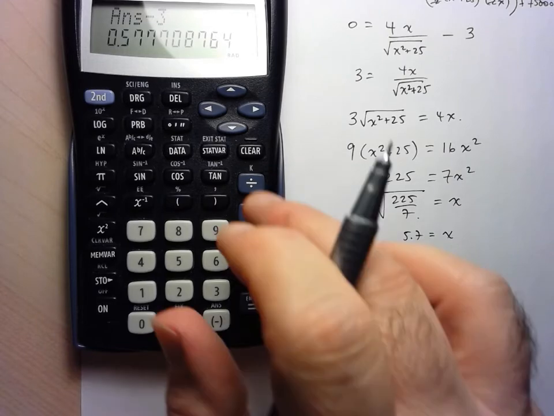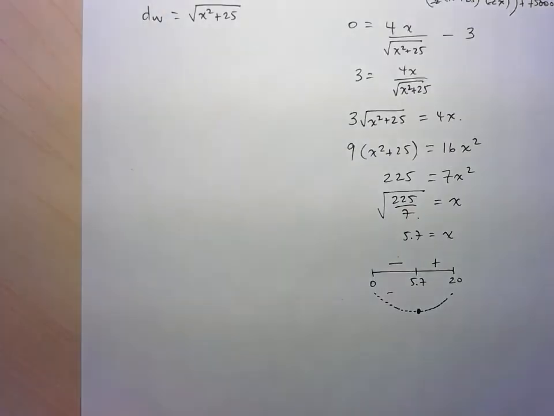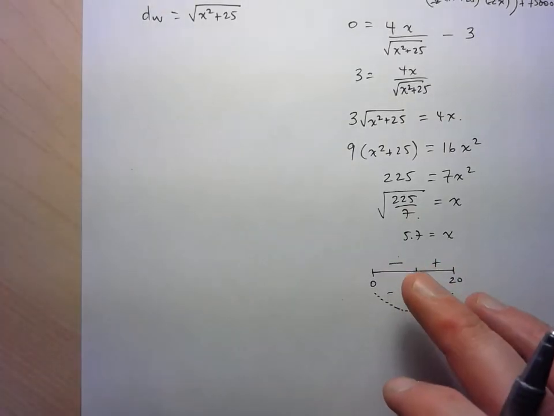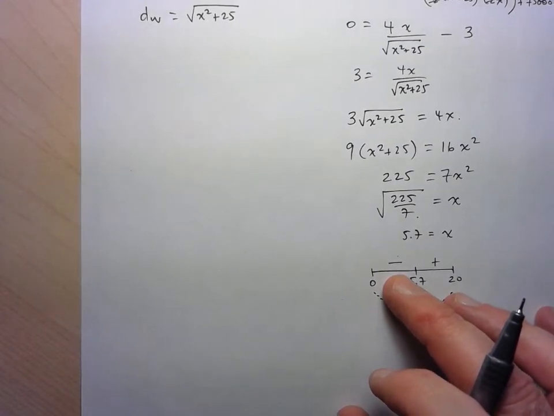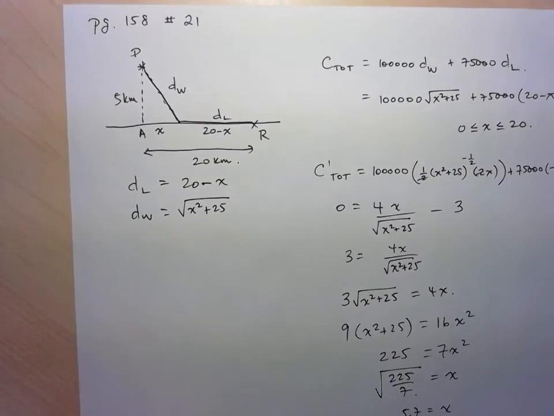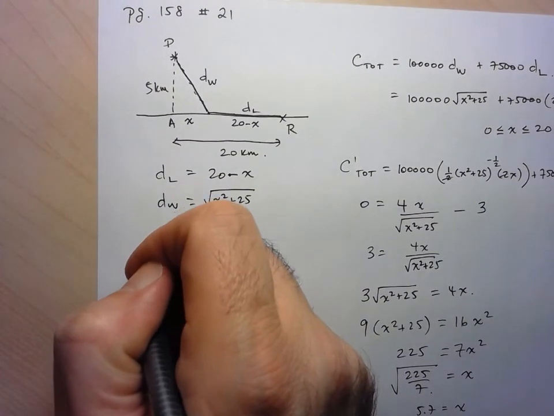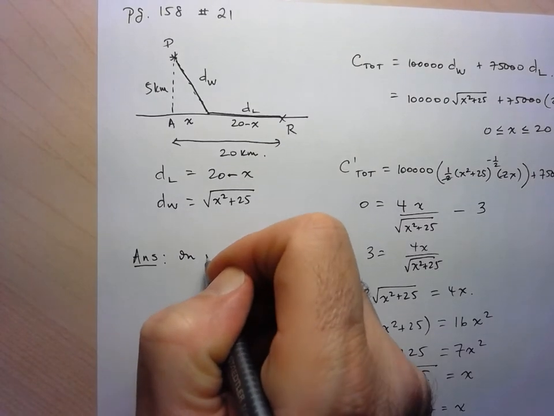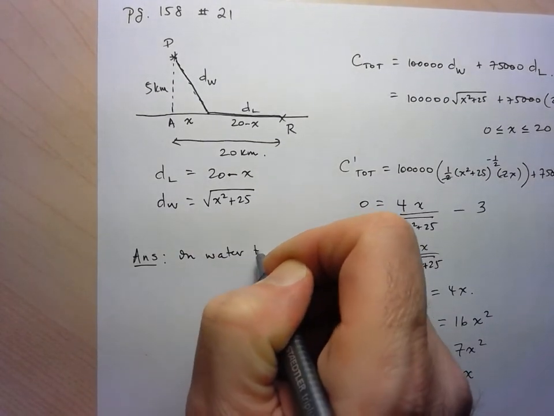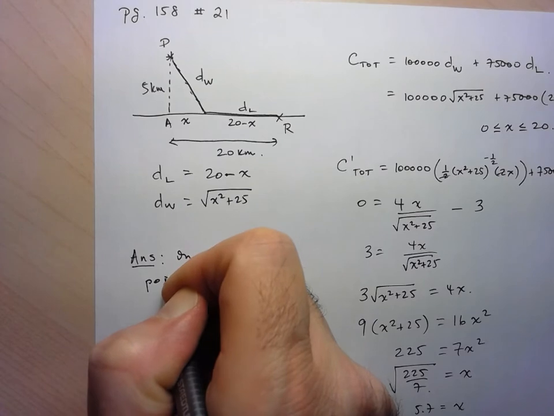Okay, so don't forget that last part of the process, which is to see exactly what they're asking. So it says, what route from the well to the refinery will be the cheapest? Okay, so we have to describe the route. So if we go back to our diagram here, you're going to go on water to a point.